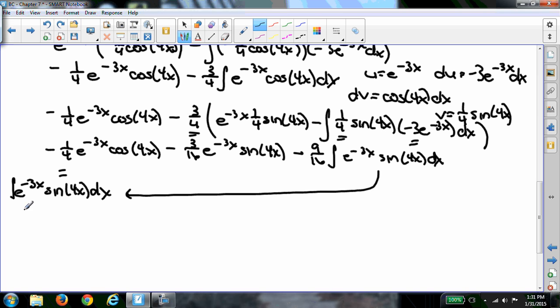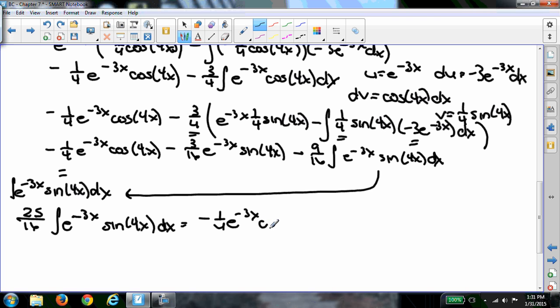That makes it 25/16 of my integral e to the negative 3x sine 4x dx equals negative 1/4 e to the negative 3x cosine 4x minus 3/16 e to the negative 3x sine 4x.